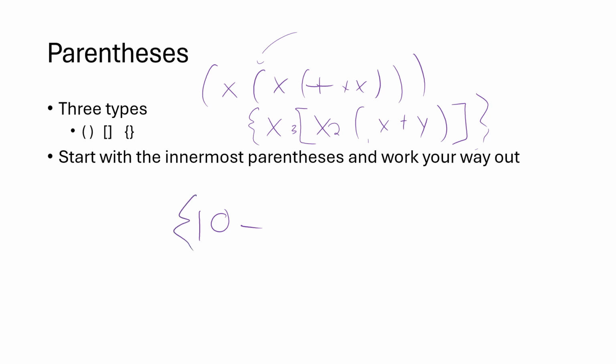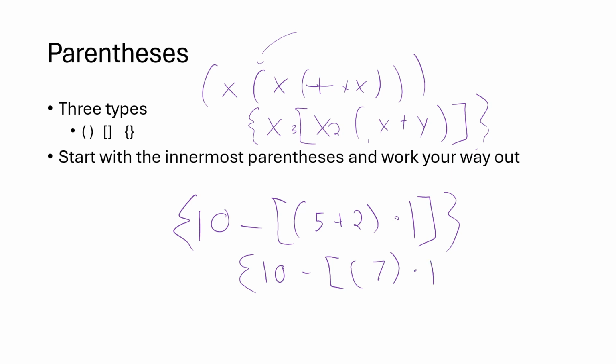So 10 minus 5 plus 2 times 1. You would have to solve this in steps: 10 minus 7 times 1.